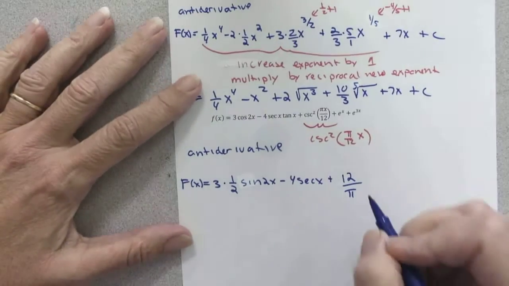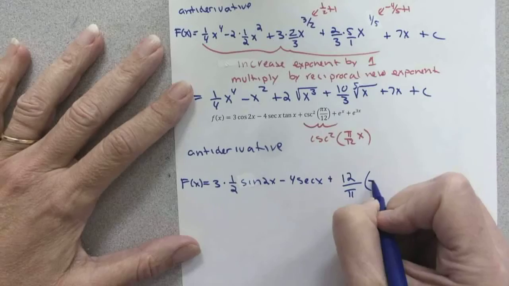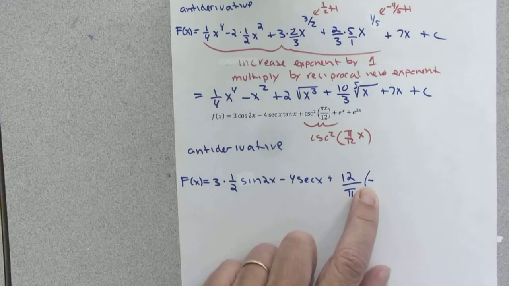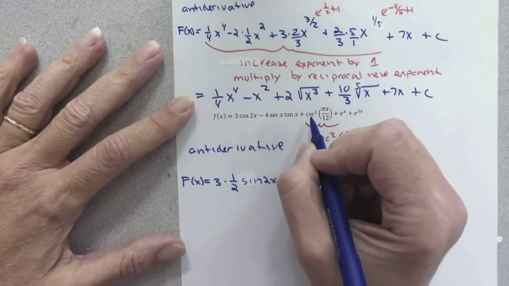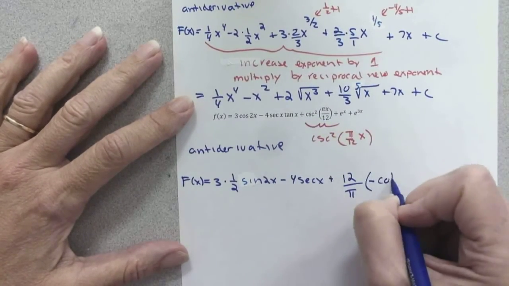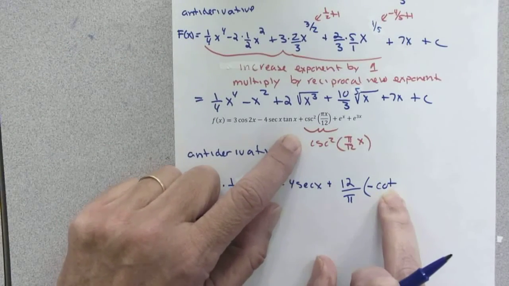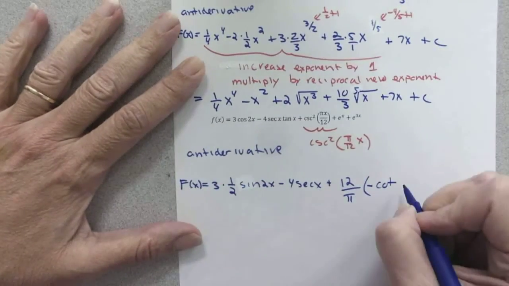Then I ask myself, what has a derivative of positive cosecant squared? Well, because I want it to turn out to be positive, I'm going to need a negative there. What has a derivative of cosecant squared is cotangent, but I got to take care of the negative because the derivative of cotangent is negative and I want to end up with a positive. So I need another negative there.